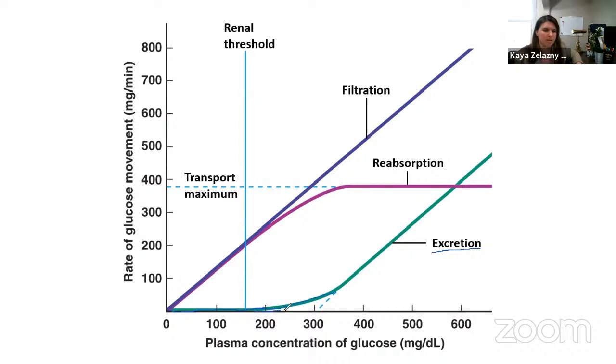So we start to see it move up, increasing in speed as those proximal tubules are having difficulty reabsorbing the glucose into the blood. And eventually, right, we'll reach a straight line where any more glucose is just going to be immediately excreted because we've reached our saturation point. Okay.